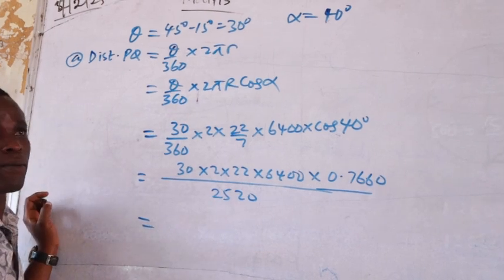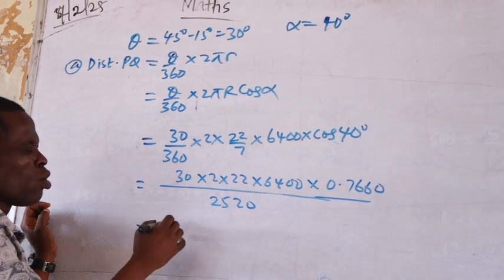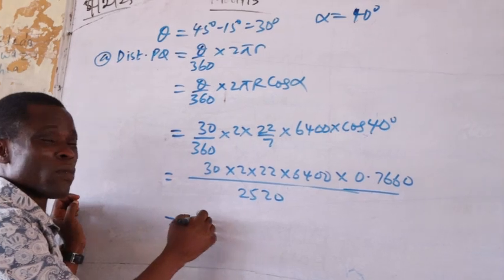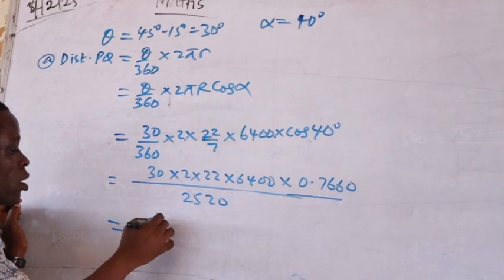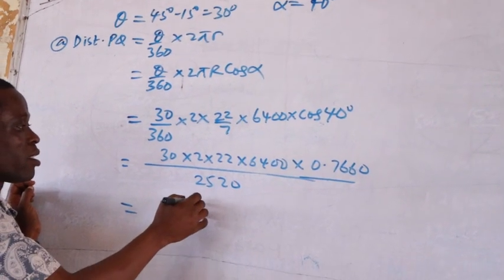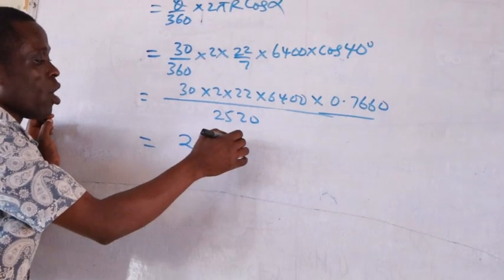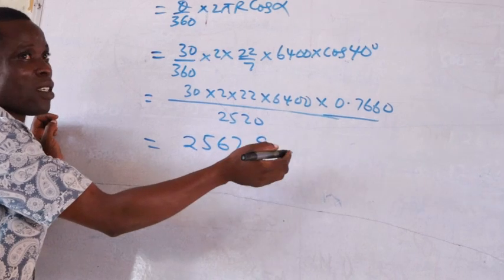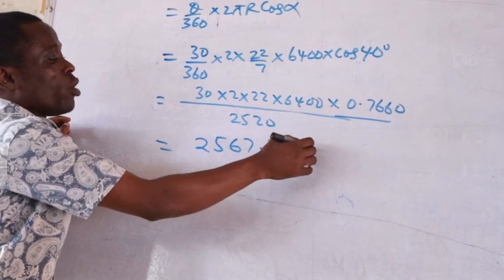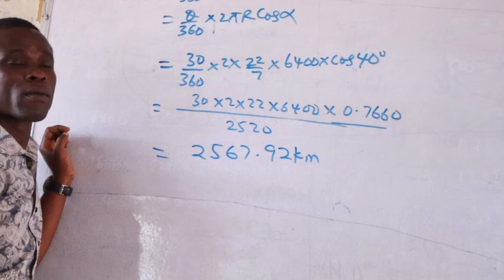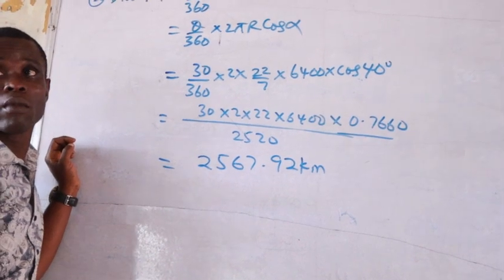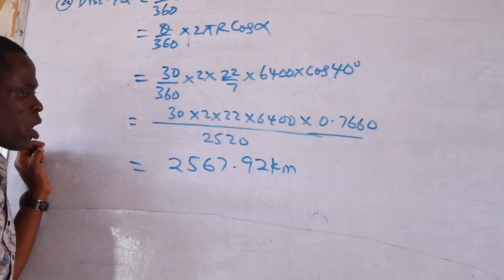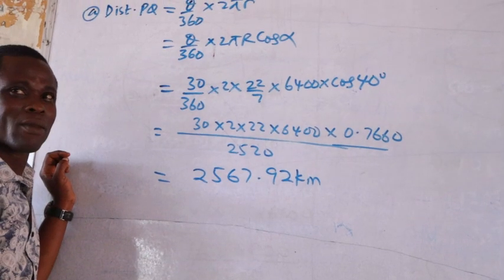Multiply and divide and we get 2,567.92. But do you have a degree of accuracy in that question? Nearest 100. What is the answer to the nearest 100?